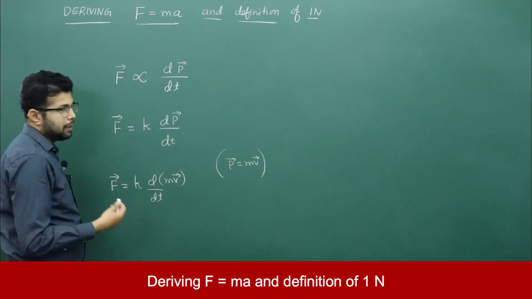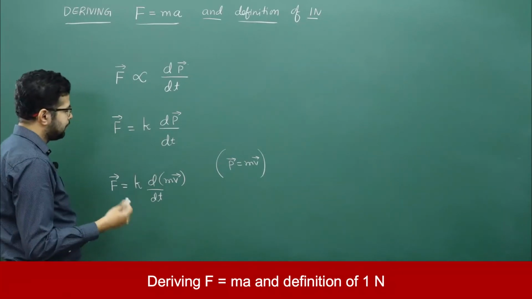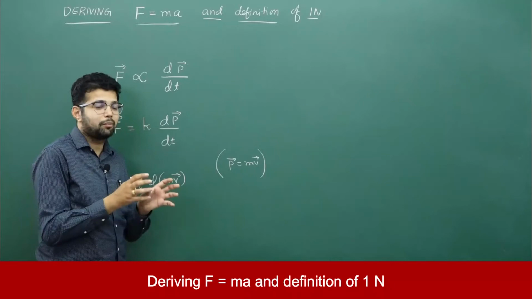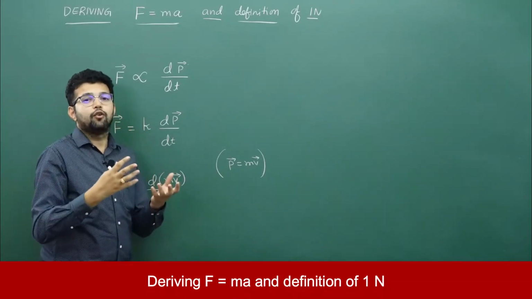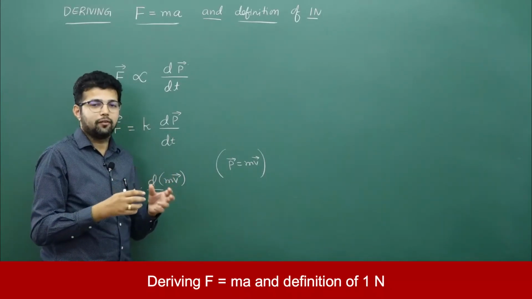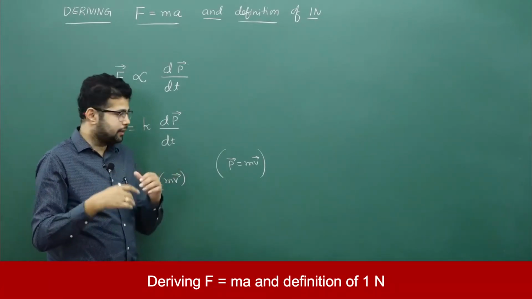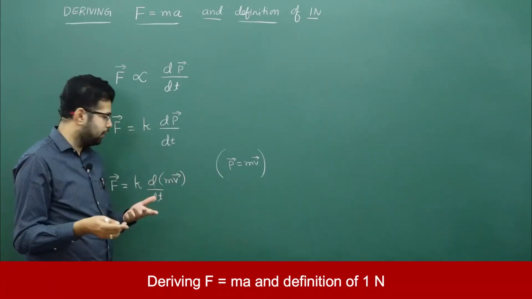Now, if we consider mass constant, as in most cases. In some cases, like a rocket, mass is not constant, because in rocket propulsion, as the rocket goes upwards it loses some fuel. The fuel gets burnt, so the mass of the rocket decreases. In that case, mass and velocity both are variables.